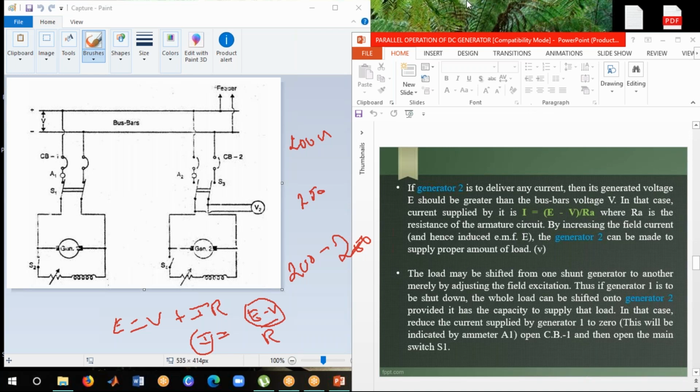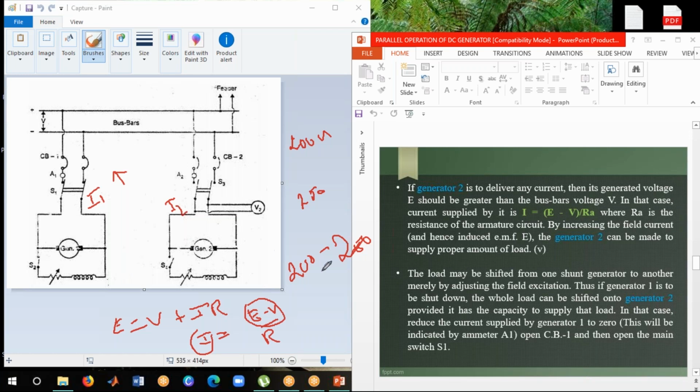So now in generator 1, here I1 is flowing, here I2 is flowing. Now when compared, I1 is more than I2. Okay? So accordingly we have to make the arrangements. So this is the way of connecting two shunt generators in parallel.